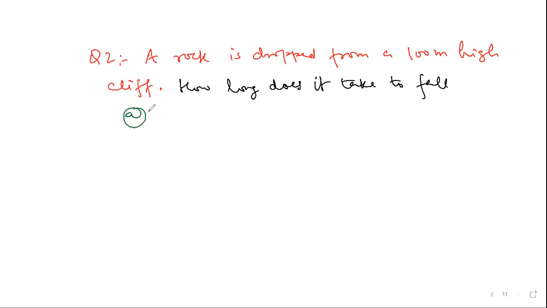Part A, first 50 meter. And part B, the second 50 meter.